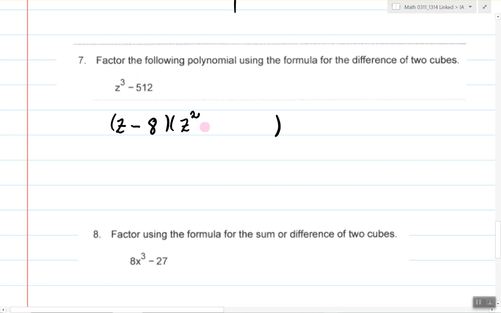Change the sign. Make it plus. Product, 8z. Square the last one, and it's always plus 64. So if you can remember that little saying that I say, square, change the sign, product, square, you will get these quite easily. And I say the same thing whether it is the sum or the difference of cubes.